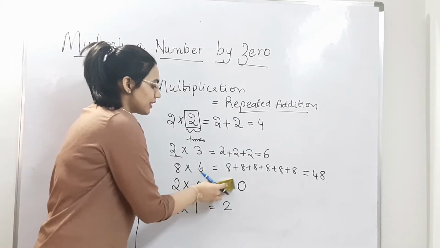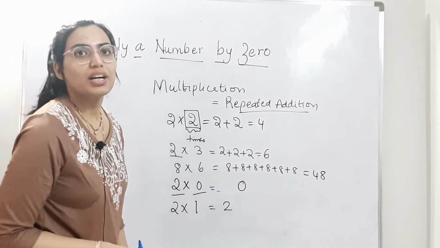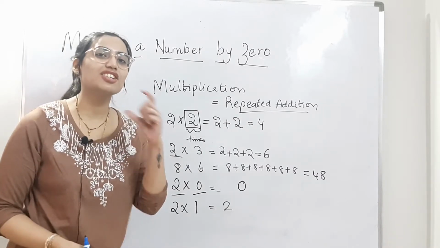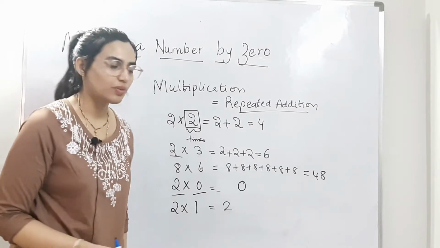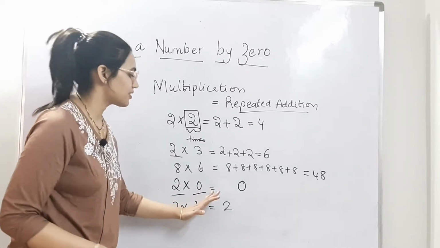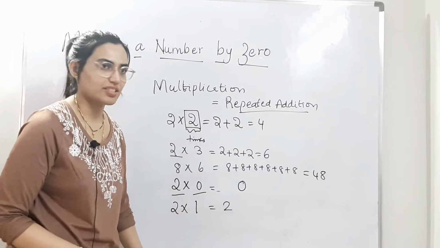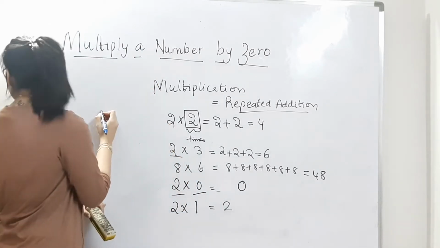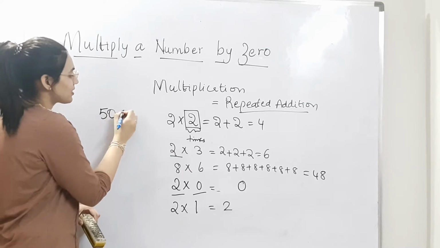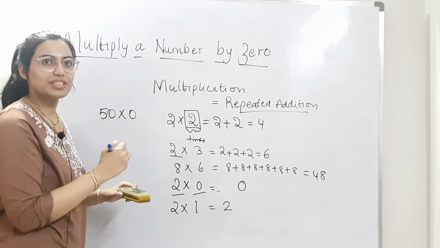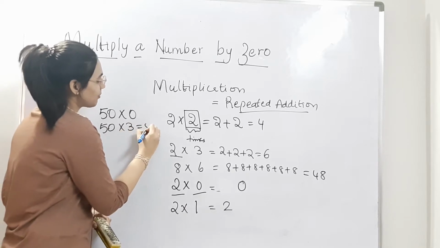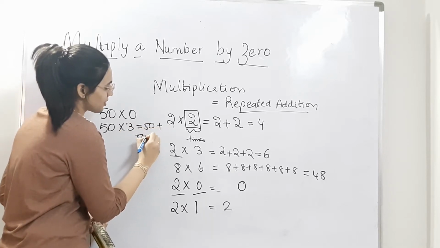Right? This is very important for you to understand. Multiplication and division by this special whole number 0. If we multiply 2 by 0, we get 0 in this case. Or, for example, if we multiply 50 into 3, it means we are adding 50 three times.